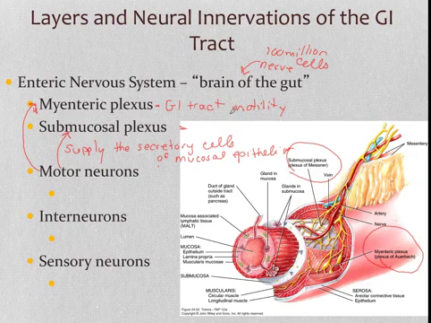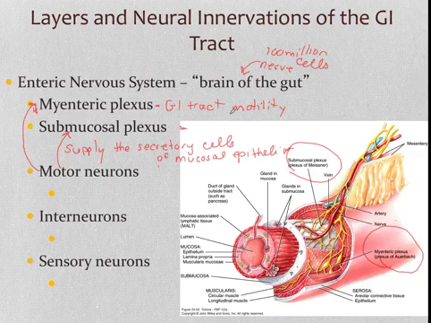Again, motor neurons of the myenteric plexus cause movement and help move food along, whereas the submucosal plexus supplies the secretory cells, the ones giving off the digestive enzymes, and tells them, all right, now secrete your digestive juices.